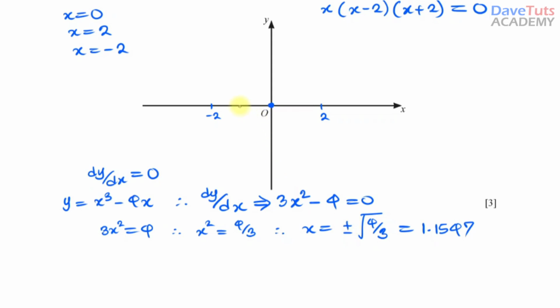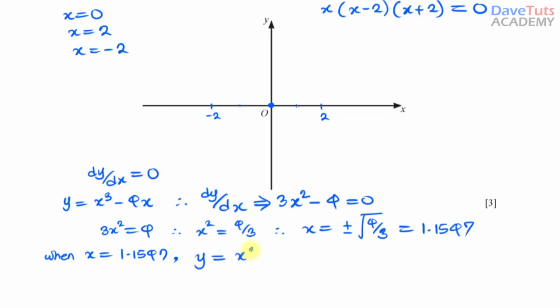So that means we have, let's say, 1 here and 1 here. Somewhere just after that, that's where we're going to have those turning points. But then, what are the corresponding values for y for those turning points? When x is, let's take the positive value, 1.1547, we're going to find the value of y in the original equation. What is y?